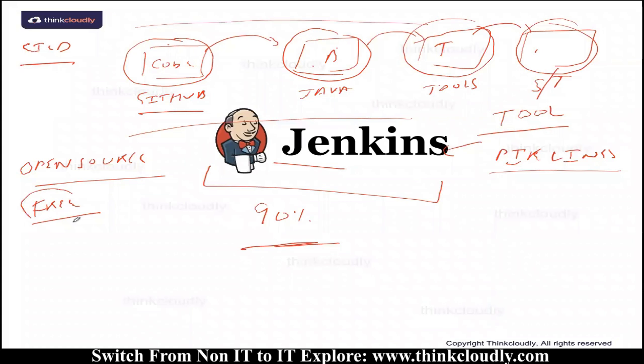But the main reason is that Jenkins is actually free of cost, and it is widely accepted by the entire industry across the globe. So that is why Jenkins is the free CI/CD tool which helps to integrate each and every stage together. That's why it has the most acceptance throughout the globe.